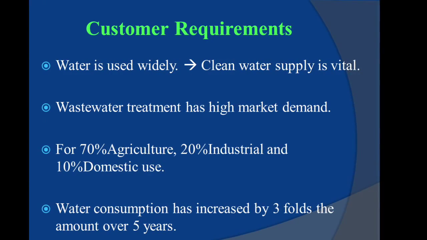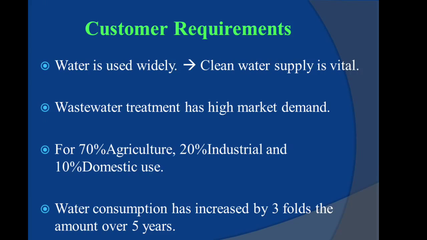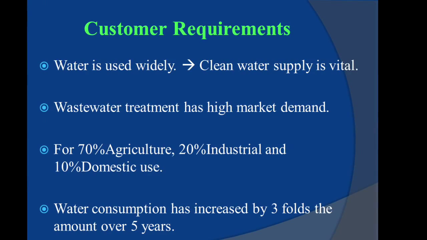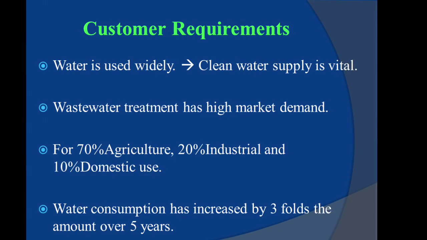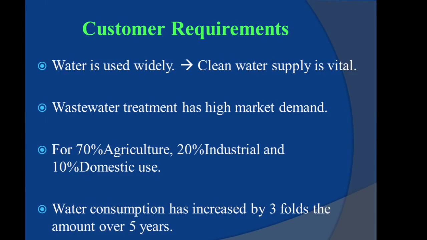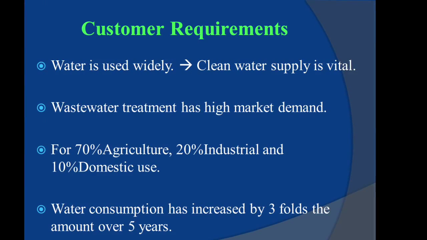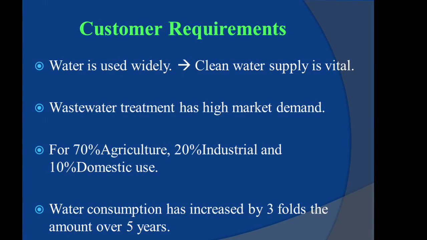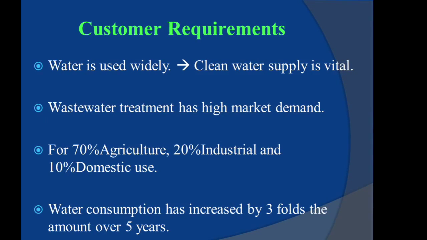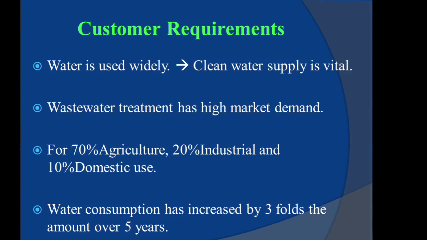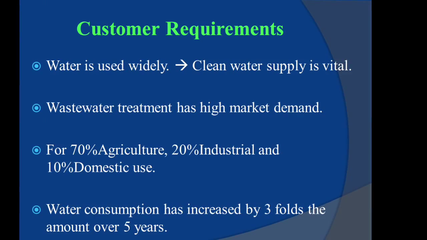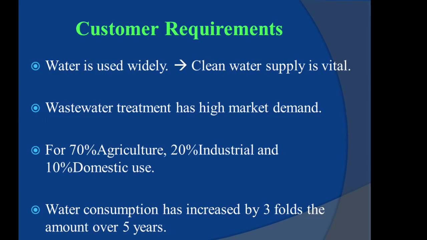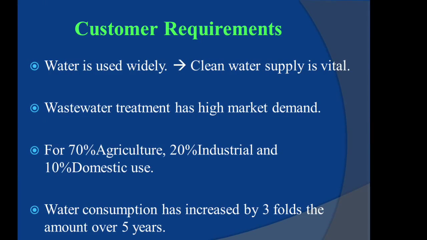As for industries, water is required for sanitation and cooling processes. For example, in the food industries, water is important as it is present in almost all food. Water is used as both a processing aid and for cleaning purposes. Lastly, domestic water usage includes drinking, preparing food, bathing, washing clothes, and so on.